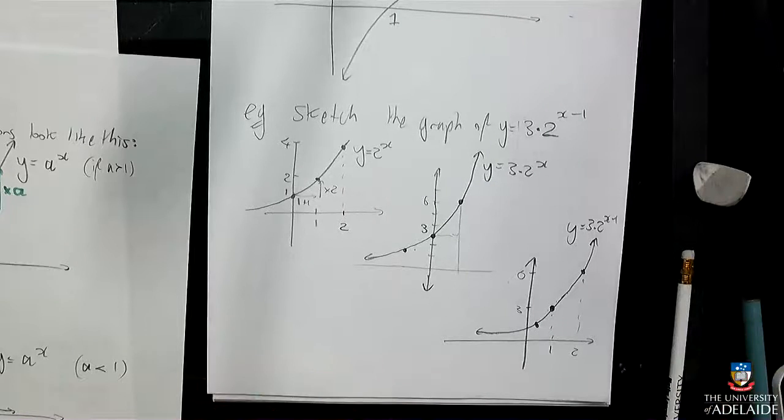So all of those same graph moves that you can use to figure out what a graph is doing, you can do for any graph you like, including exponential graphs.